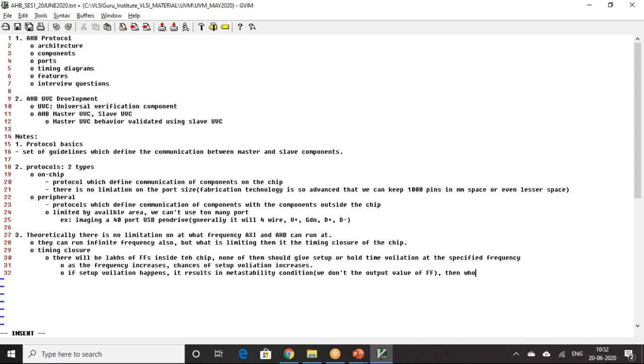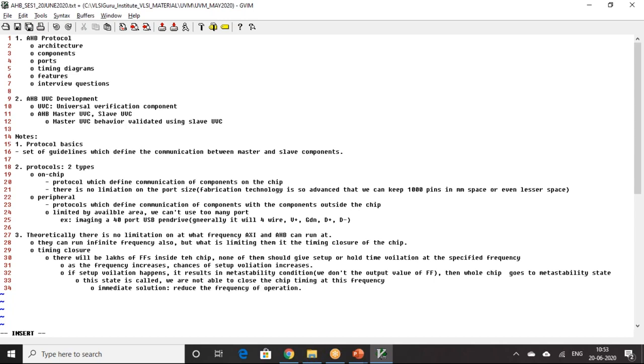Then the whole chip goes to a metastable state. This state is called timing not closed, where we are not able to close the chip timing at this frequency. So what will be the resolution? The immediate solution is to reduce the frequency of operation.